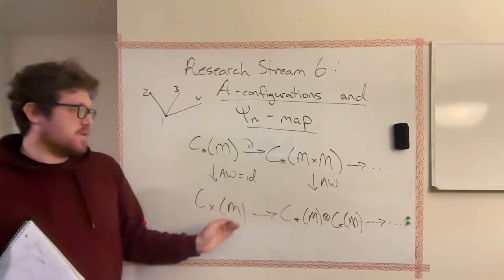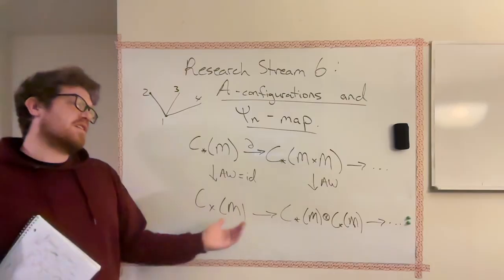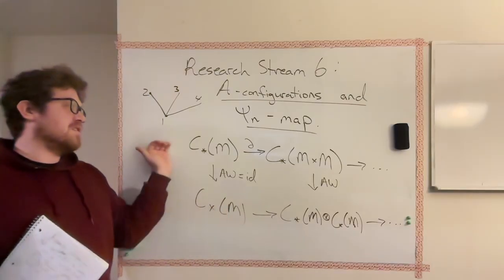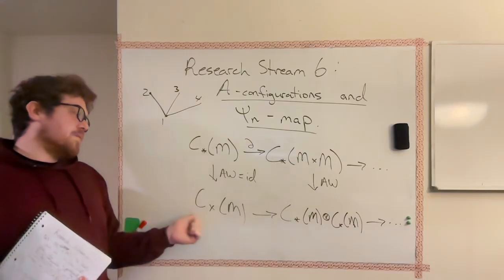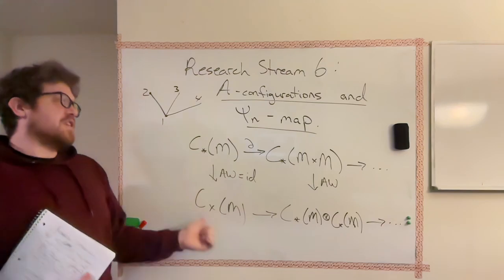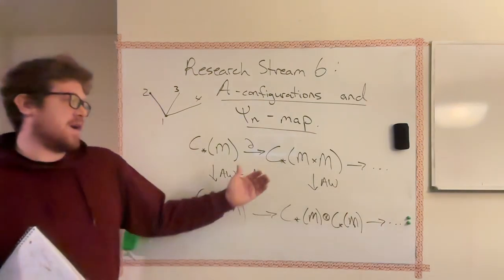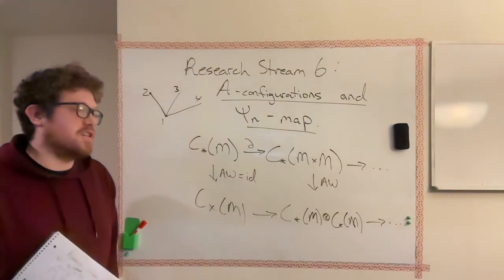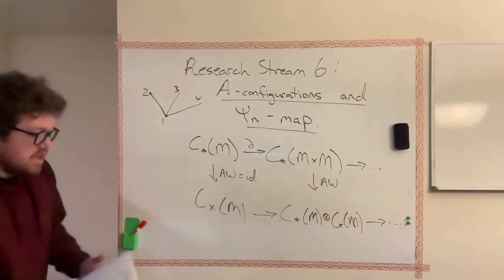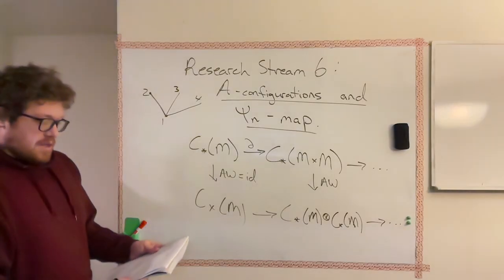But the problem is once we apply this Alexander-Whitney map, we lose some of the information because this is only a quasi-isomorphism. So there are these higher differentials that need to correct for the fact that this is not a straight up isomorphism of the chain complexes. That's essentially the setup.